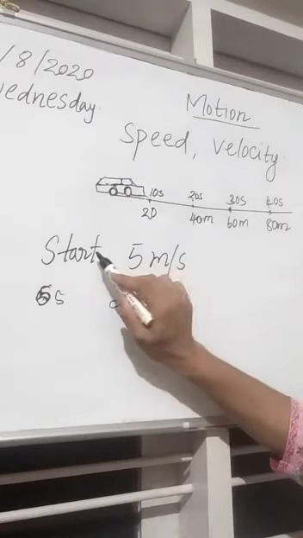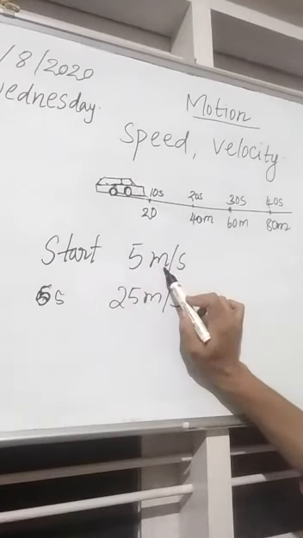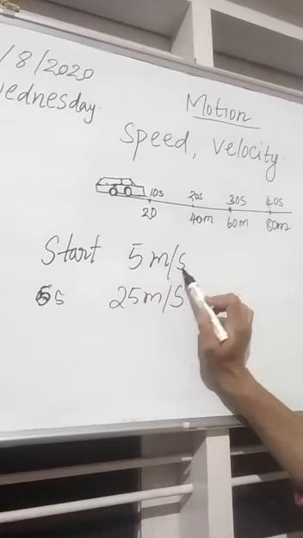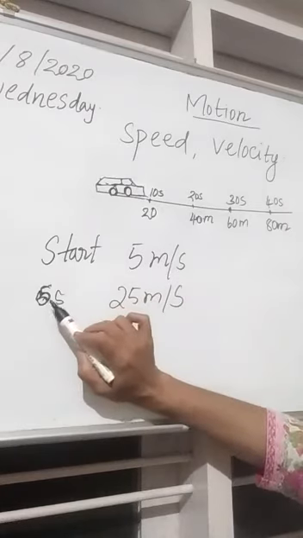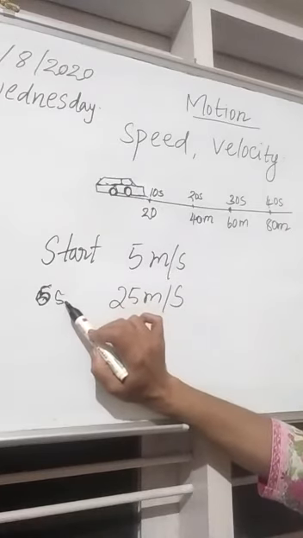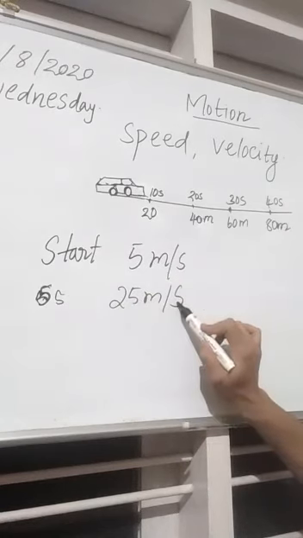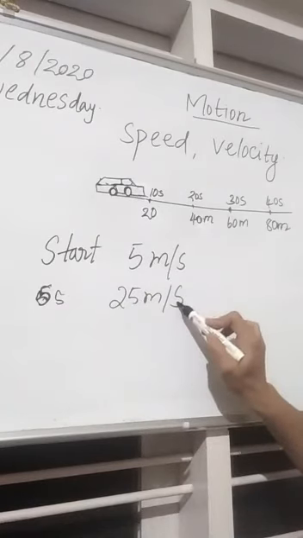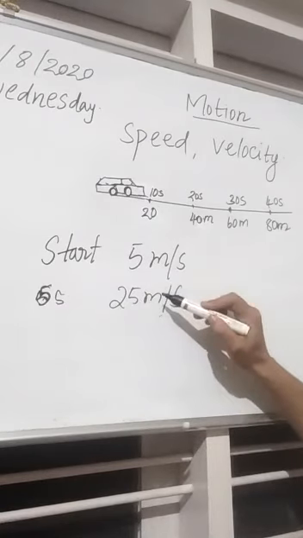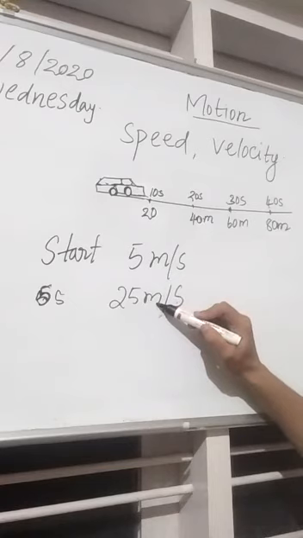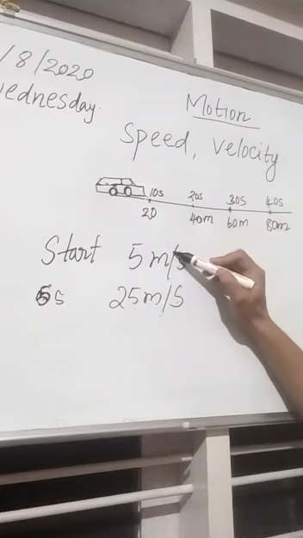You started the journey at 5 meter per second, and after 5 seconds you notice the speed is 25 meter per second. Now find out the difference between this velocity attained and the starting velocity.